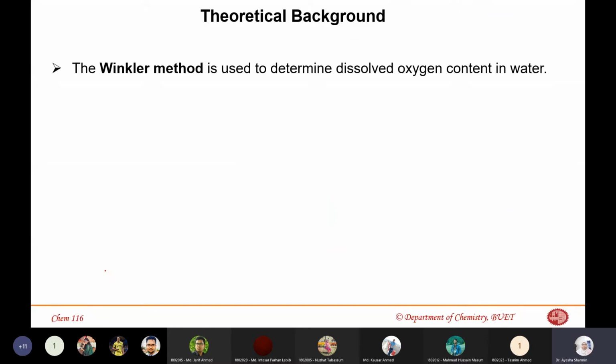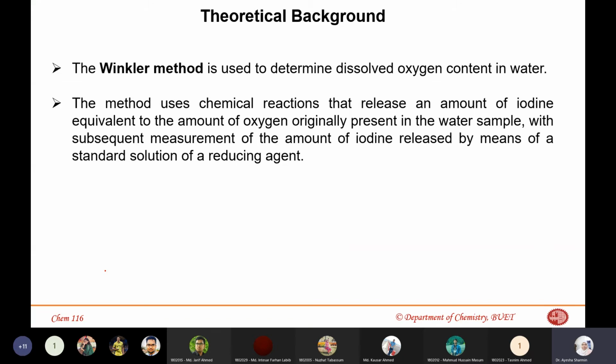Okay, so the theoretical background: the Winkler method is used to determine dissolved oxygen content in water. We already talked about it. The method uses chemical reactions. This is the theory you have to write in your report. The method uses chemical reactions that release a defined amount of iodine equivalent to the amount of oxygen originally present in the water sample.